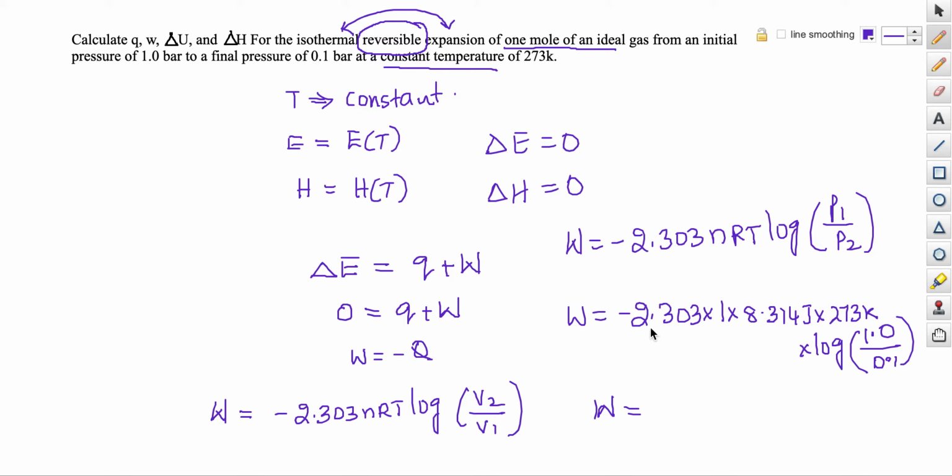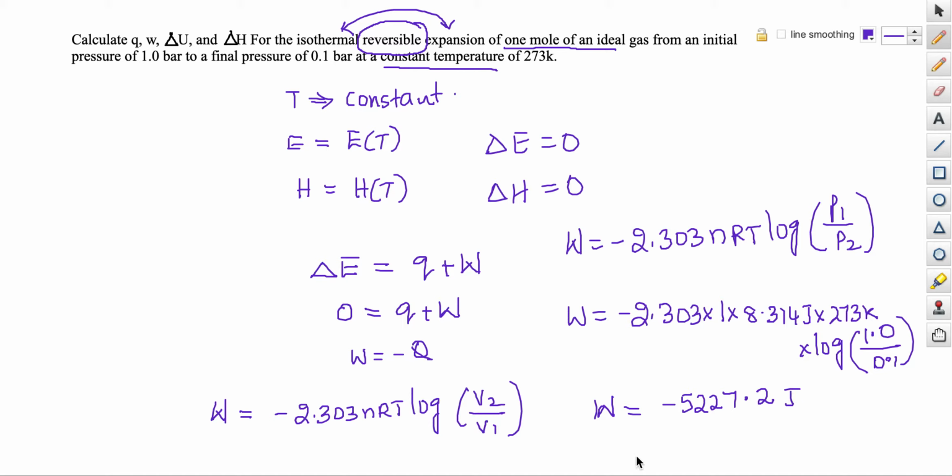So we have 2.303 times 8.314 times 273, which gives negative 5227.2 joules. So this is the work done in isothermal expansion.